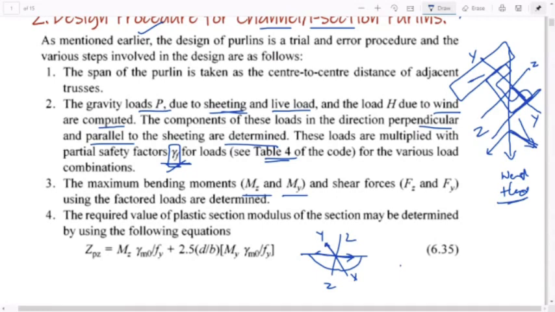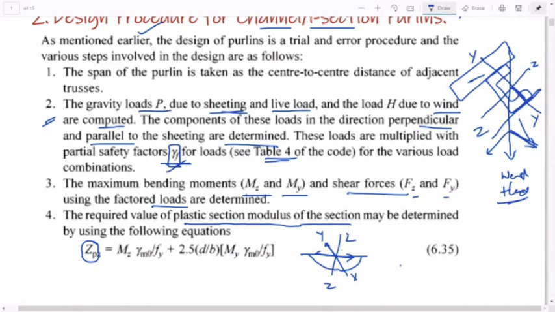Okay, when you solve this problem, this seems to be similar to steel beam design, which we have looked at in our unit 2. So you have to calculate Mz and My, the maximum bending moments about the Z and Y axes, and the shear force also in Z and Y directions, using the factored loads that are obtained in step 2. And after that, you have to find out the plastic section modulus of the section, ZP.